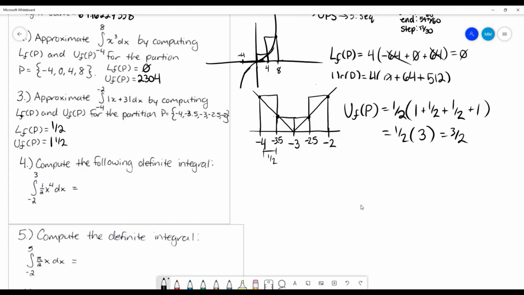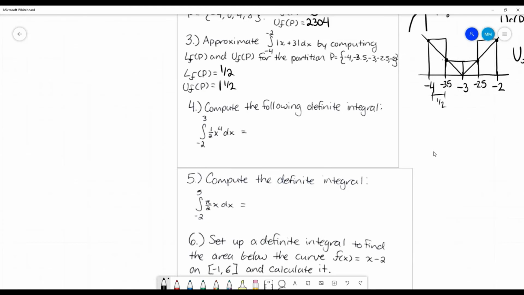Okay. Now they just ask us to compute this definite integral here. So remember, an integral is the same thing as our antiderivative. So I'm going to take a look at this, and I see that it really only is affected by our power rule. So I know going backwards from my x to the 4th, it would have to be an x to the 5th, because we add 1 to that exponent, and then divide by that 5, right?